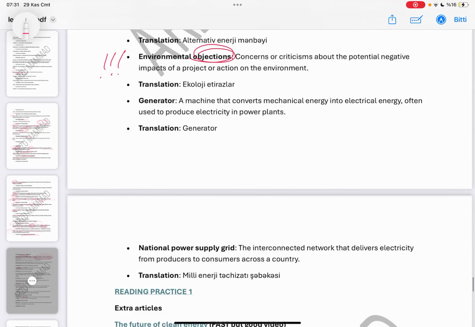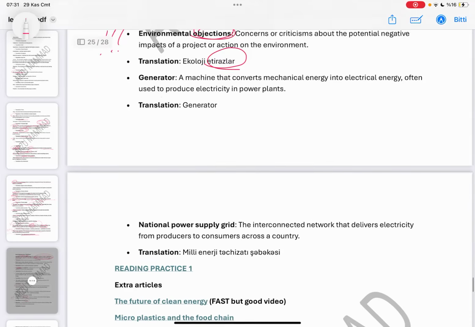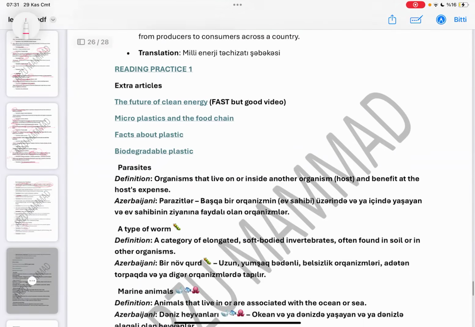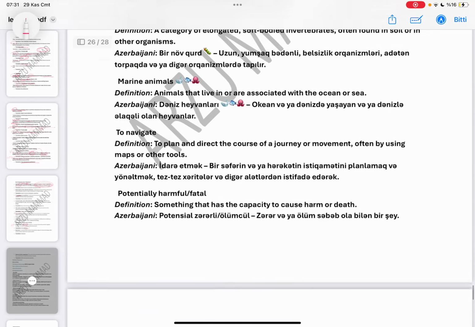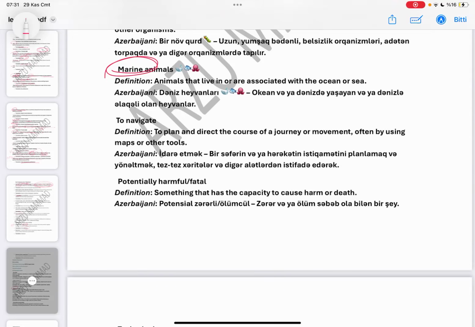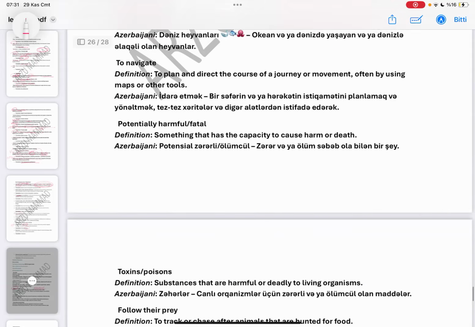So actually, yeah, you can see it in movies and etc. Then marine animals, aquatic animals. Also, we have terrestrial. Like this is the opposite of marine animals. Animals living on land, it means.